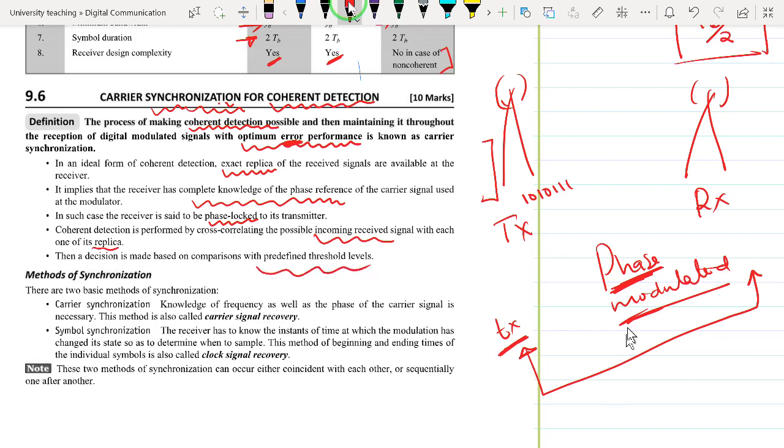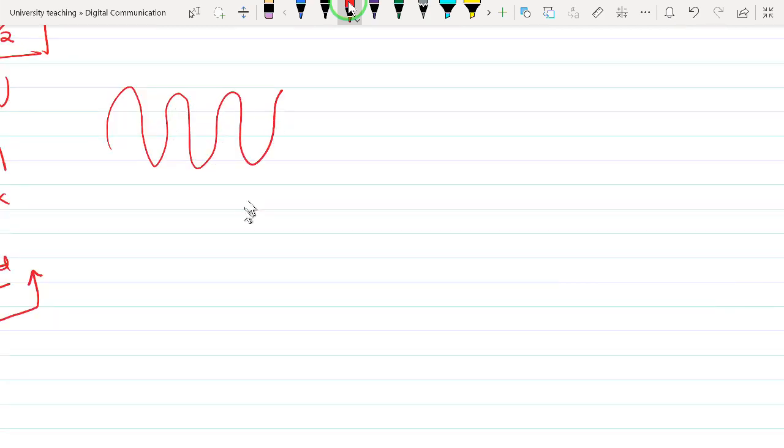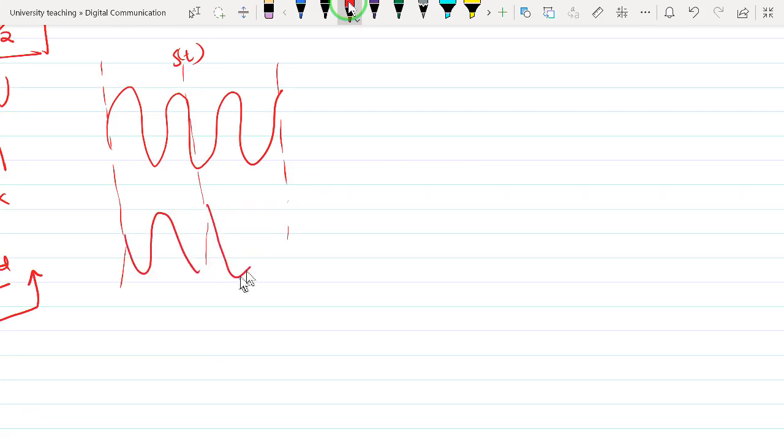For instance, I just want to draw this is the carrier signal at the transmitter and at the receiver. I want to time them. If this is what we have, but at the receiver we have a signal that is out of phase by 180 degrees, then we know that this 180 degrees, if it was sent for BPSK, represents bit 1.